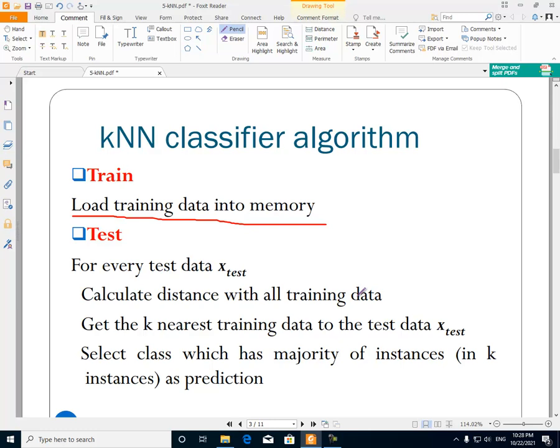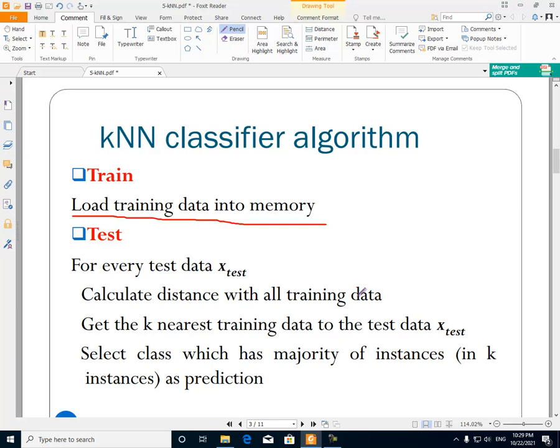So after we have calculated the distance, we sort the distances, and we get the k nearest, where k is a number. Okay, for example, k may be 5. We get the 5 nearest training data to the test data. Okay, and then among those k nearest training data, we select the class which has the majority, and that would be our prediction for the test data.